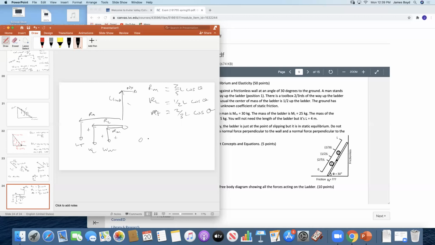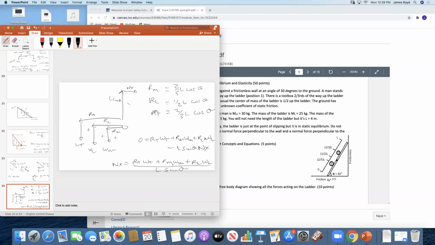So I have that 0 is R toolbox times weight of toolbox, plus R man times weight of man, plus R ladder times weight of ladder, minus L sine theta Nx. Move this over and I get Nx is R toolbox times weight of toolbox, plus R man times weight of man, plus R ladder times weight of ladder, all over L sine theta.